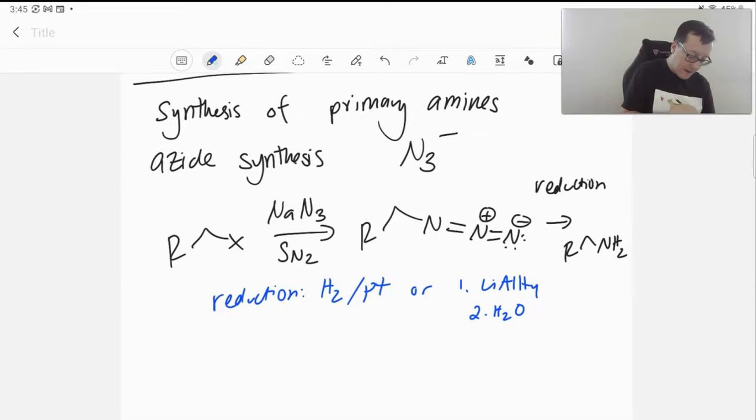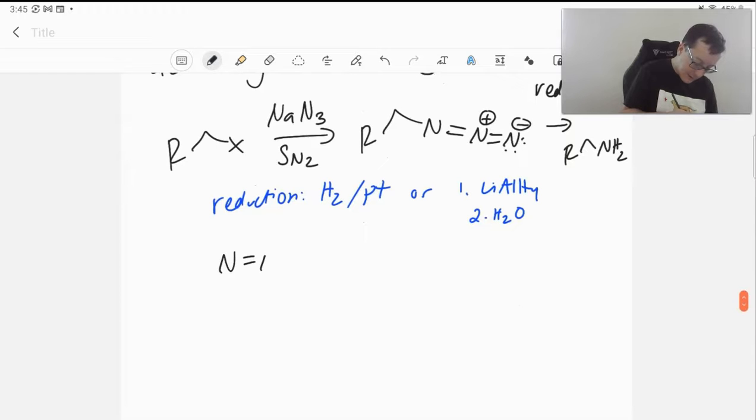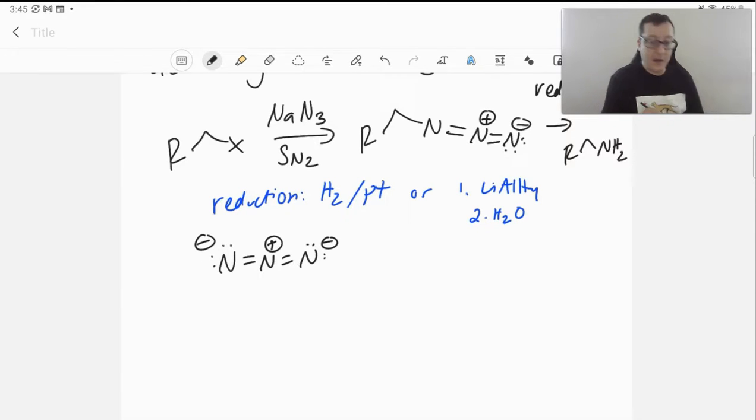If we want to look at the mechanism, azide as a Lewis structure looks like the following. So azide has overall 2 minuses 1 plus, giving it -1 overall.